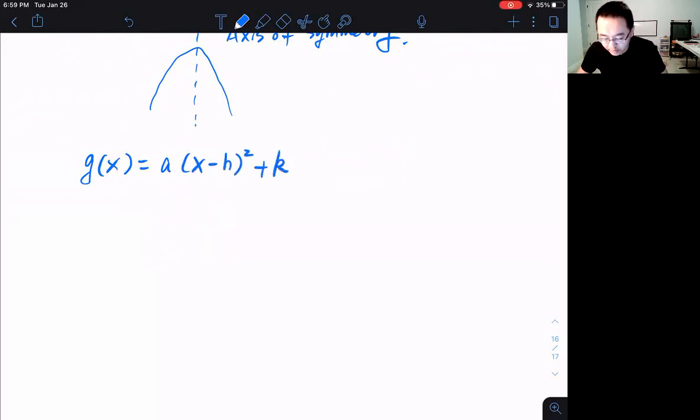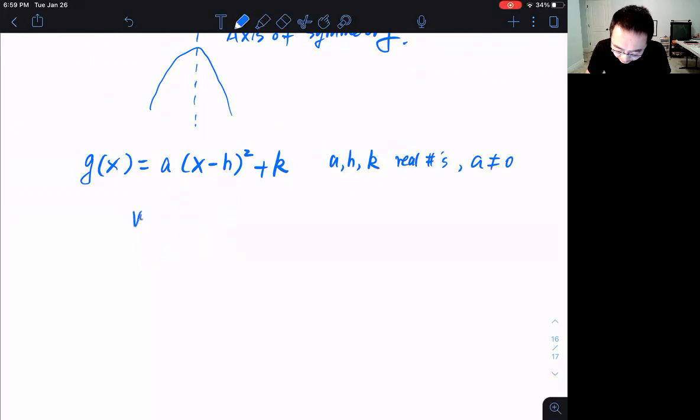If you can change your quadratic equation into a form like this, where a, h, and k are real numbers, and again, a doesn't equal 0, so it's actually a quadratic equation, then this is a parabola where the vertex is going to be the point (h, k). That is where the graph changes directions.